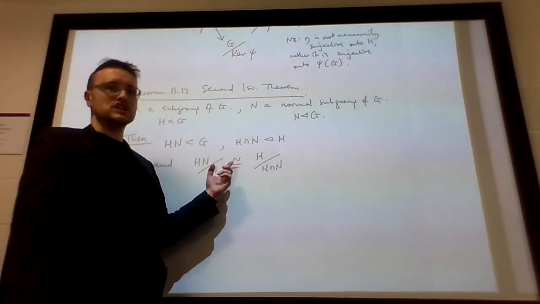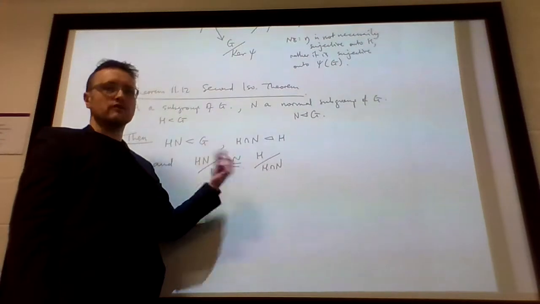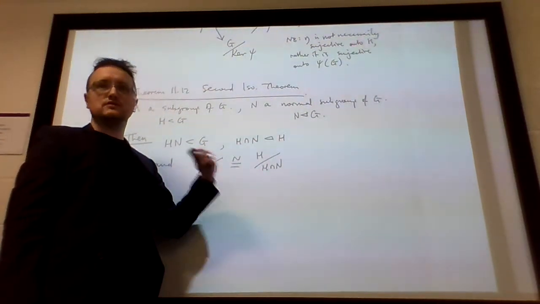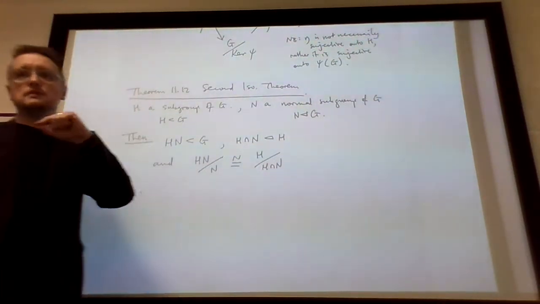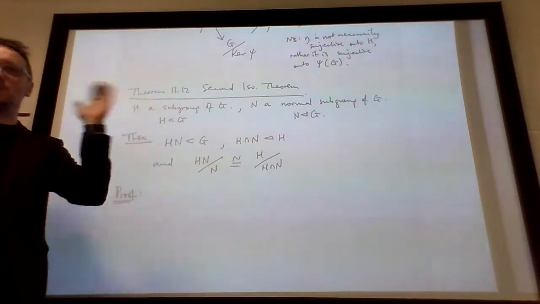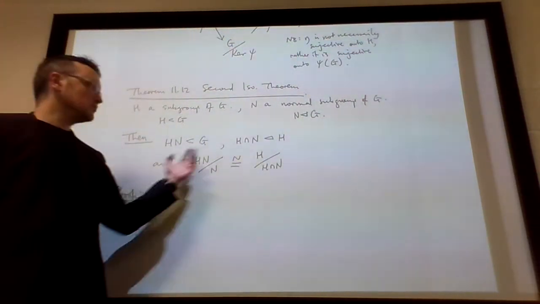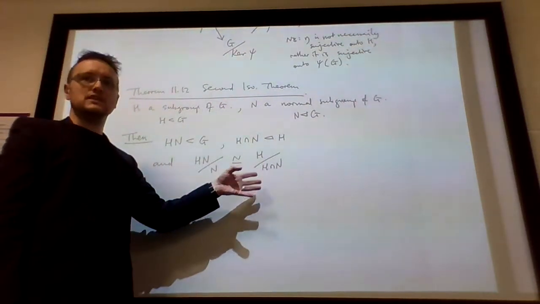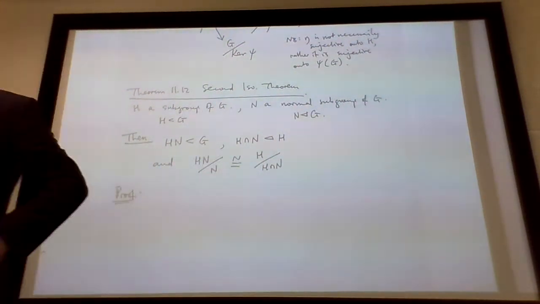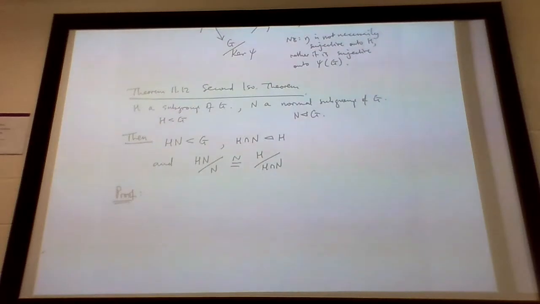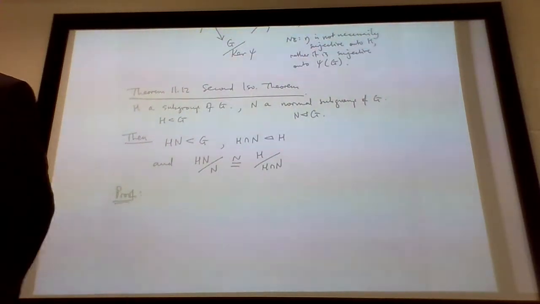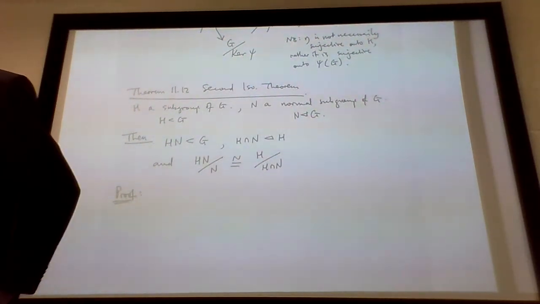So generally, proving two things are isomorphic most of the time comes down to constructing the map, showing that the map exists, which normally in these kind of cases we have to give the definition of the map, prove it's surjective, and prove it's injective. Okay, so how about the proof of this?